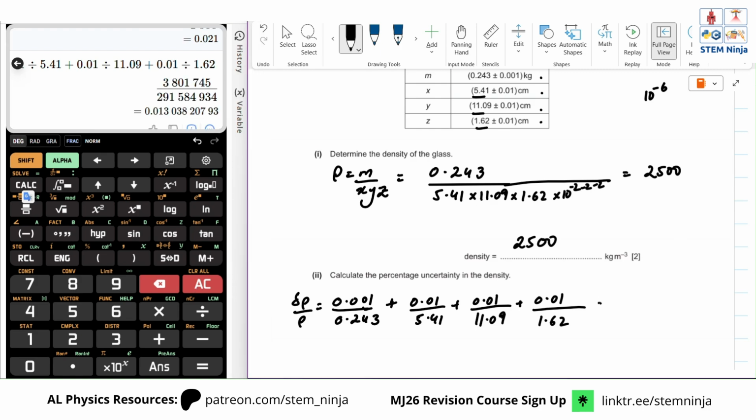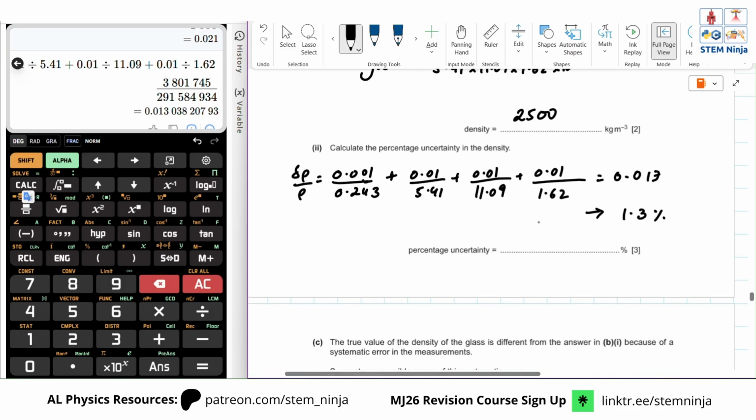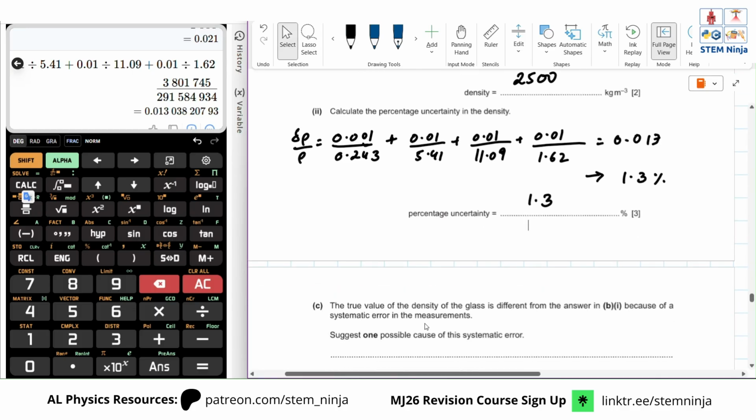This value is 0.013, in percentage this would become 1.3%. The true value of the density of the glass is different from the answer in B1 because of a systematic error in measurements.